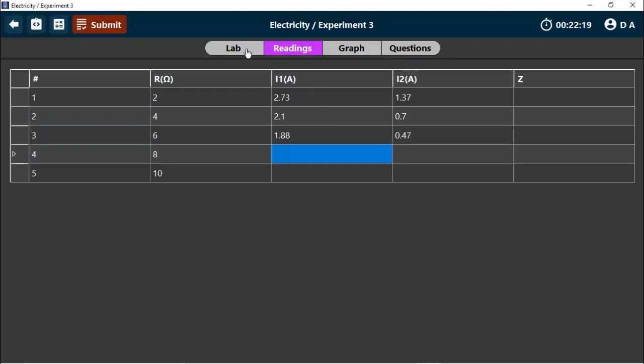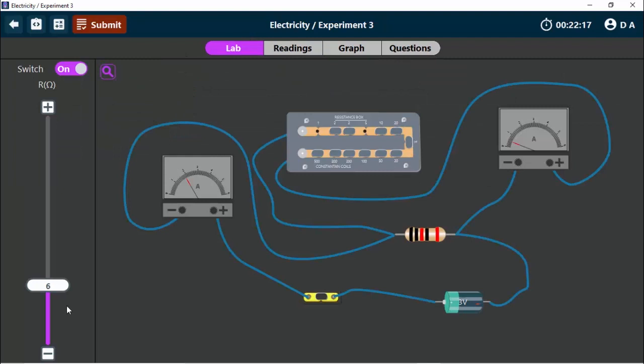So let's change R to 8. But before you do that, don't forget to switch off or remove the plug. Then change it to 8, and switch on or insert the plug. Then you measure again. This is very close to 1.8, but you need to try as much as possible to be very accurate.